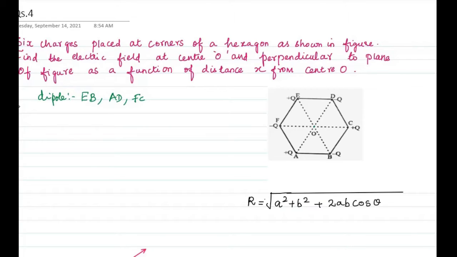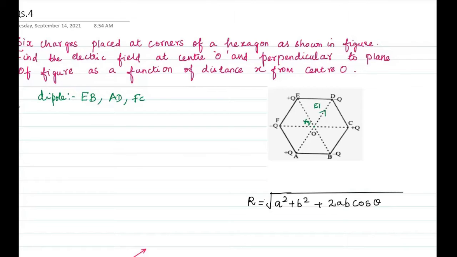When you place a plus Q charge here, it will be attracted by this minus Q. So along this direction you have the electric field direction, which is E1. The dipole moment will be opposite to the electric field. So the electric field will be from O to T.